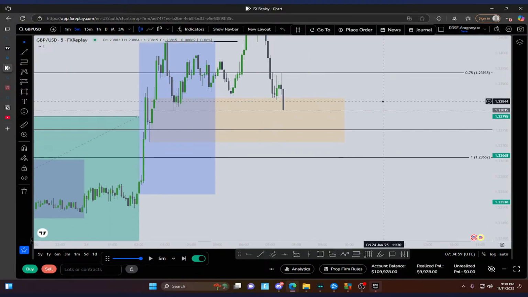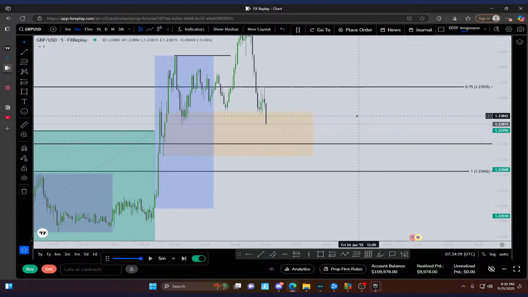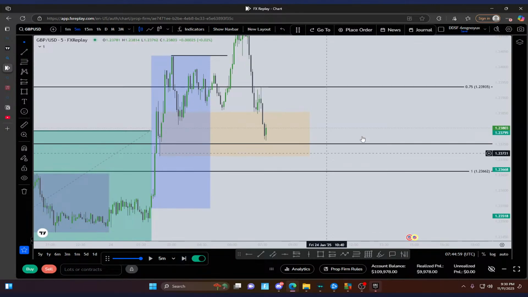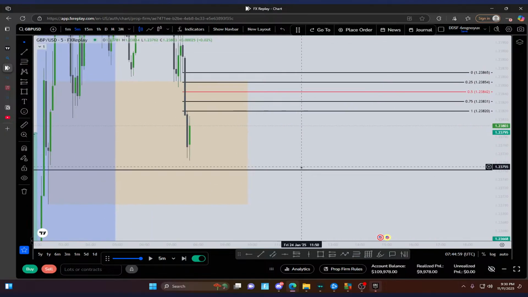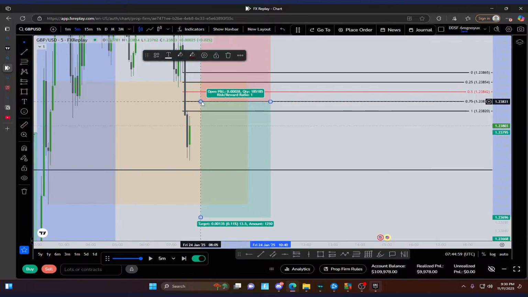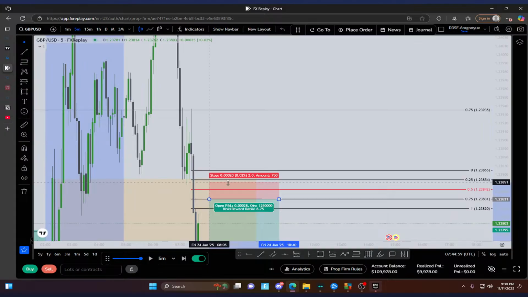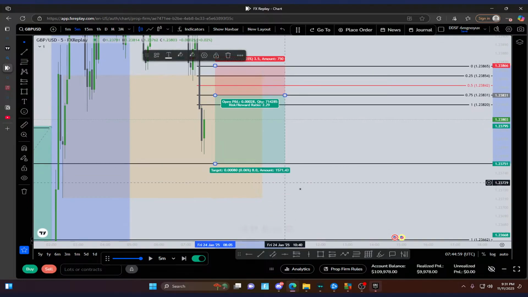So for value, it's breaker, and then tap back into here will be the entry holding. Stops right here. Take profit right there. Okay.